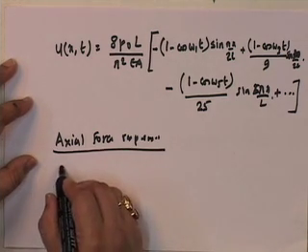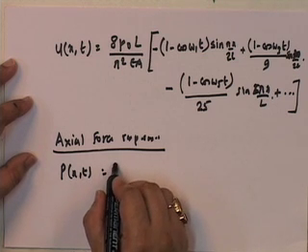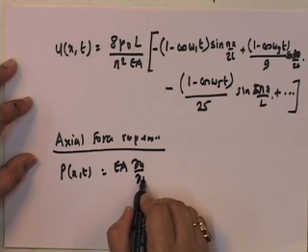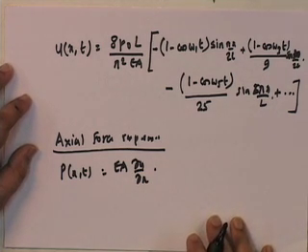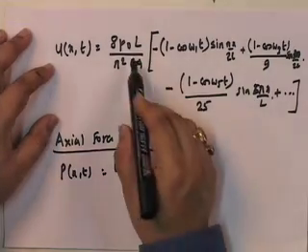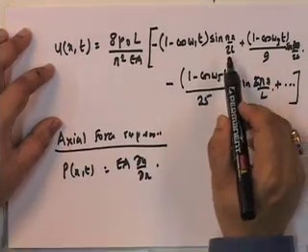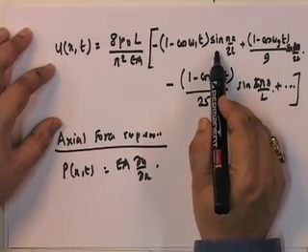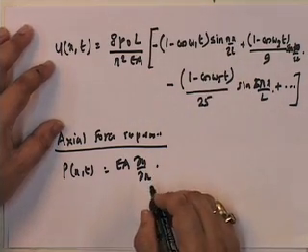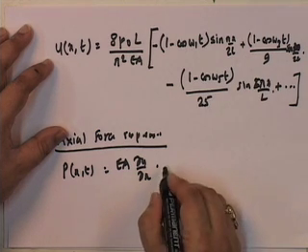Axial force response, if you look at P x of t, is equal to EA del squared u by del x squared. All that happens is that this EA cancels, and the sine becomes cosine, and therefore the following happens.